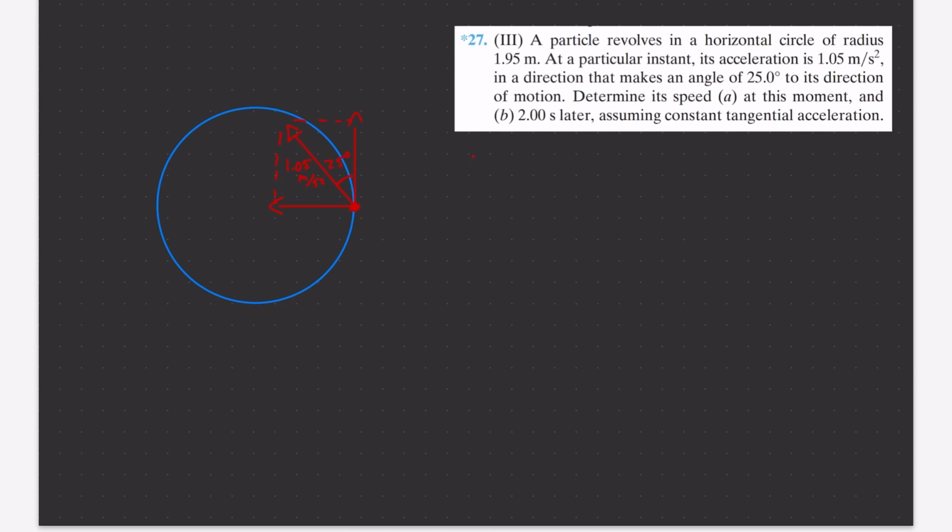Really quickly off to the side, the tangential acceleration should be equal to, considering that this tangential acceleration vector is adjacent to the angle, 1.05 cosine of 25 degrees. And then the centripetal acceleration is just going to be 1.05 sine of 25 degrees.